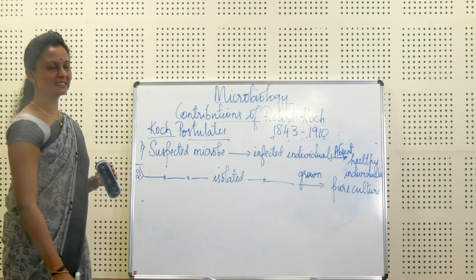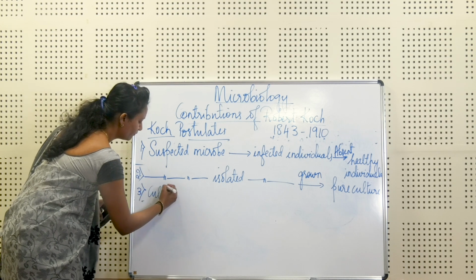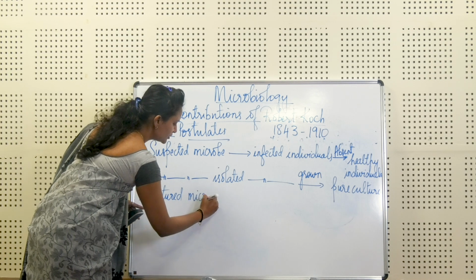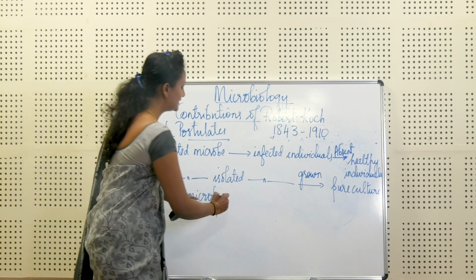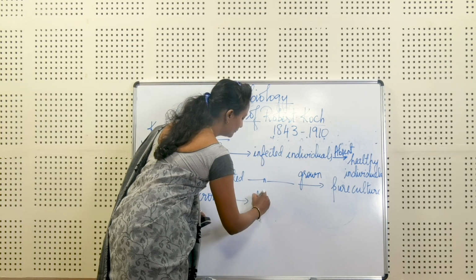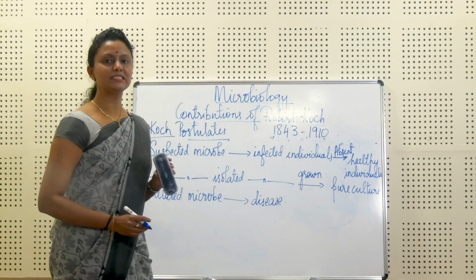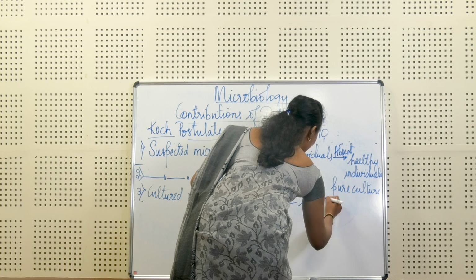The third postulate states that the cultured microbe must cause the same disease and symptom while it is injected into another healthy individual.